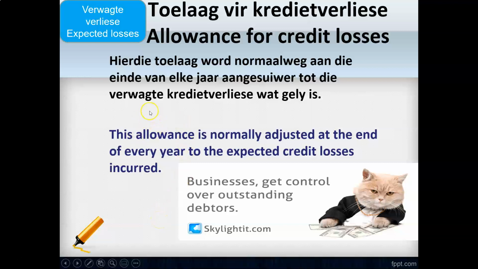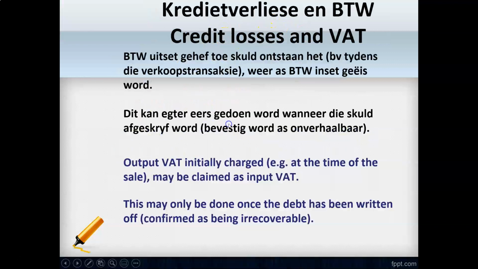So part of my income statement will be 200 Rand credit. So it's an income in my income statement. And in my statement of financial position, I will have allowance for credit losses, which is going to be deducted from my outstanding debtors, equal to 800 Rand.